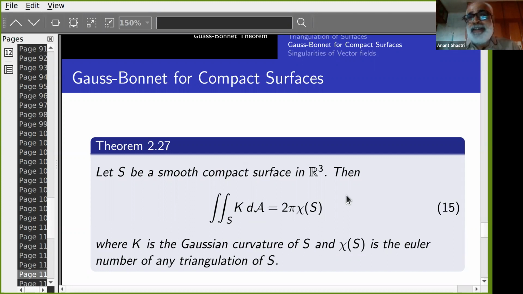Now this is an easy consequence of the Gauss-Bonnet theorem that we have proved in the local version, namely for surface patches. The beauty is that for surface patches, the formula is somewhat complicated.